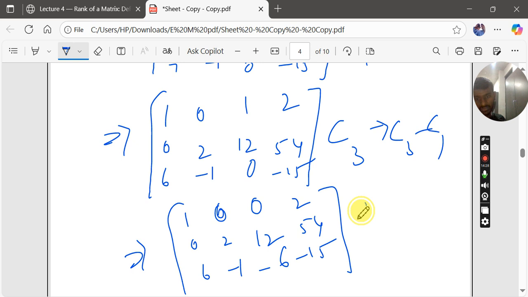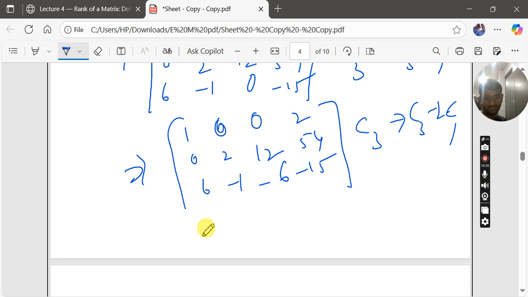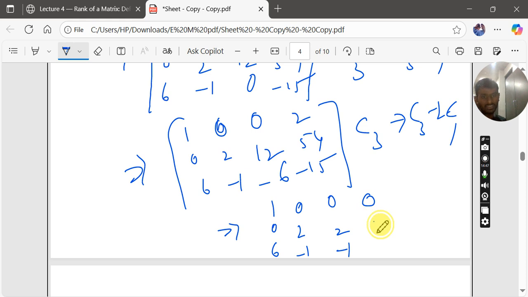Similarly, when I apply for C3, C3 minus 2 times C1, then 1, 0, 6 and 0, 2, minus 1, which is nothing but a multiple of 2, 0, 2, minus 1, and here I will get 0 and here 54 will be the same, minus 15 minus 12, which is nothing but minus 27.